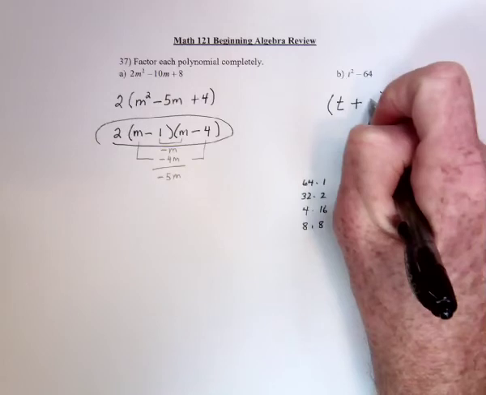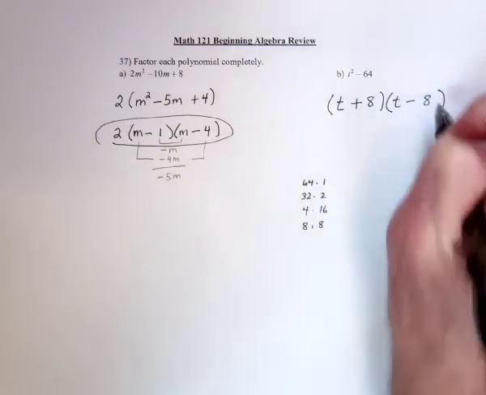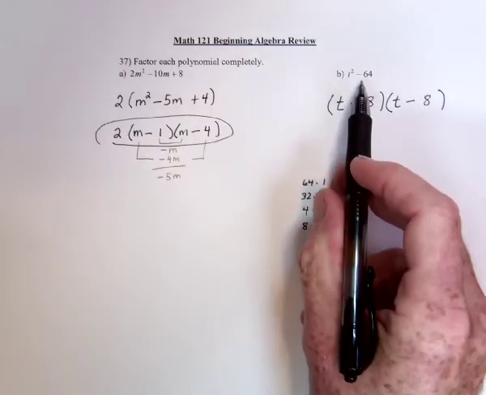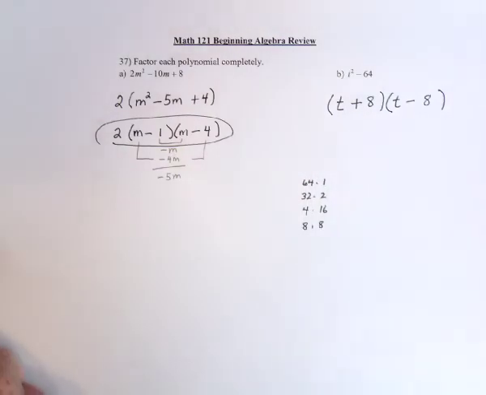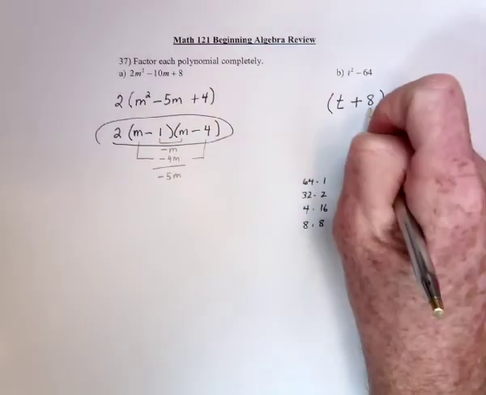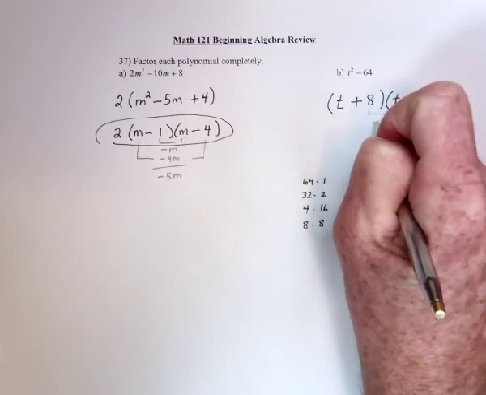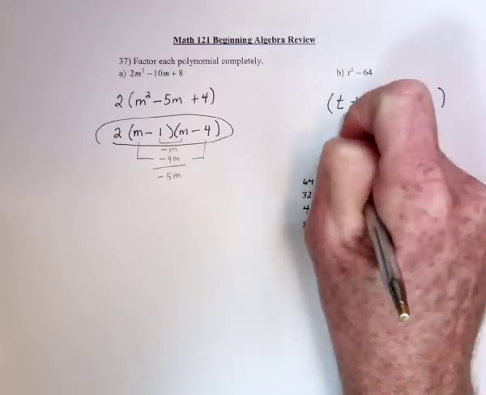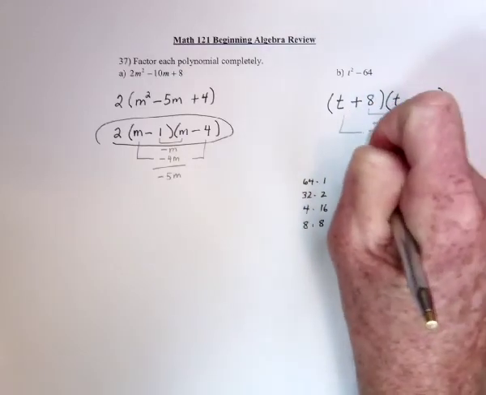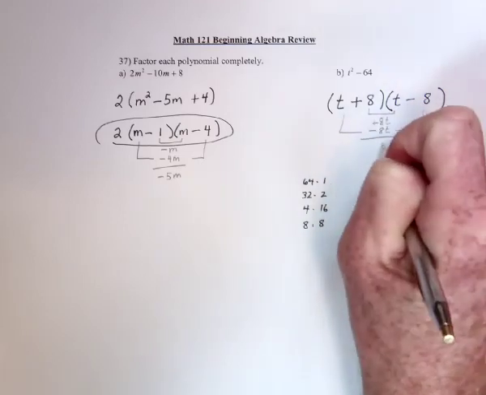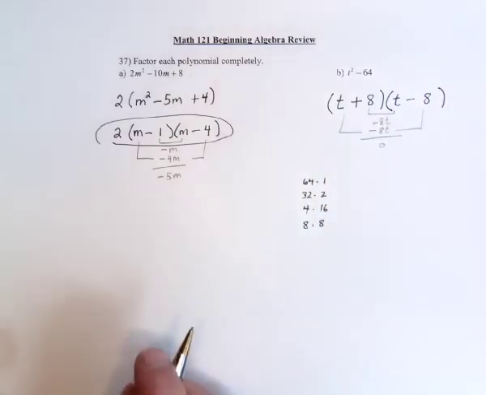But look, if we use 8 and 8, that will definitely give us the negative 64. And when you go to check the middle term, it's going to be that this is positive 8t, and this is negative 8t, which cancels. There's no t term, which is exactly right.